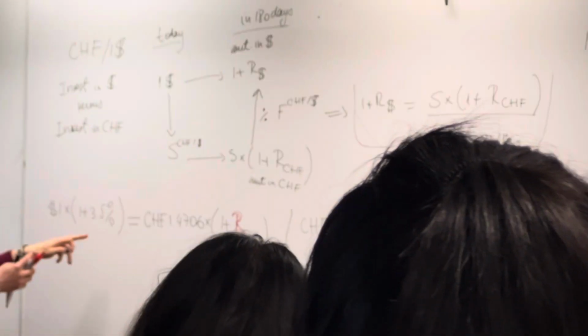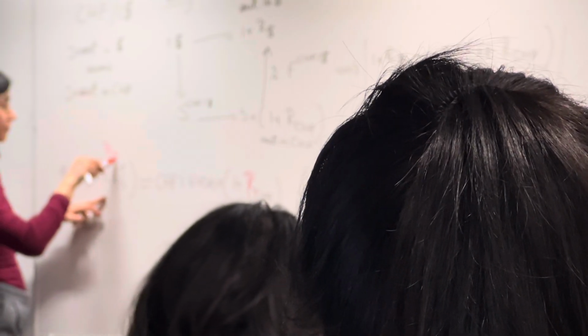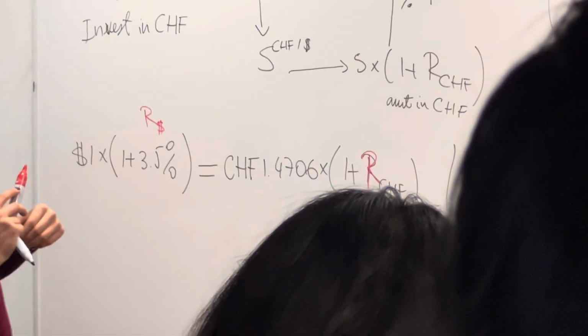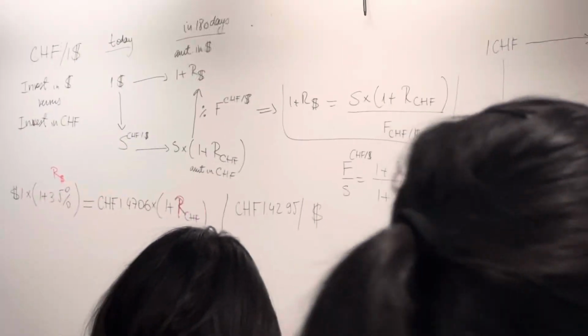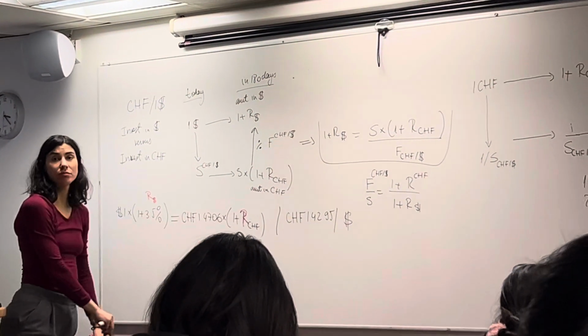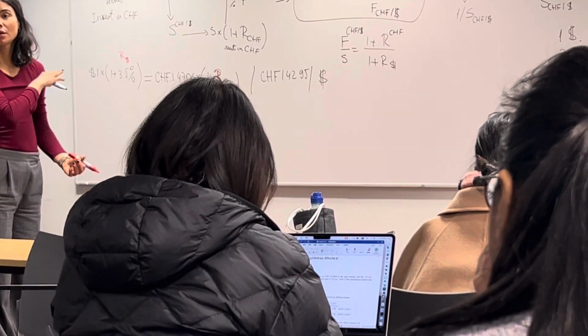So that's why here we transformed the R dollar from 7% to 3.5%. And this is a half-year forward rate, which we are given. So all we have to do now is find R, and this is simple arithmetic. Have you got an answer for R from this equation?